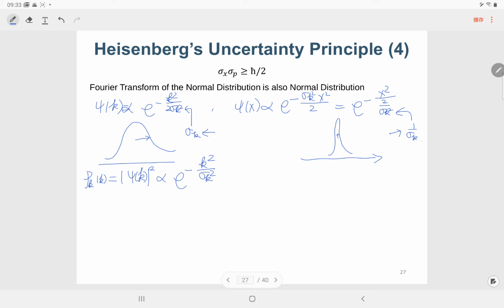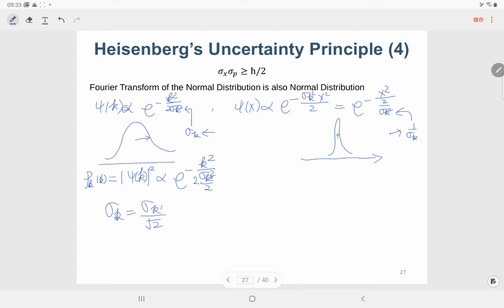So you can regard it as 2 times 2. So actually, the sigma k, maybe we can call it k prime here, which is actually sigma k prime over square root of 2.